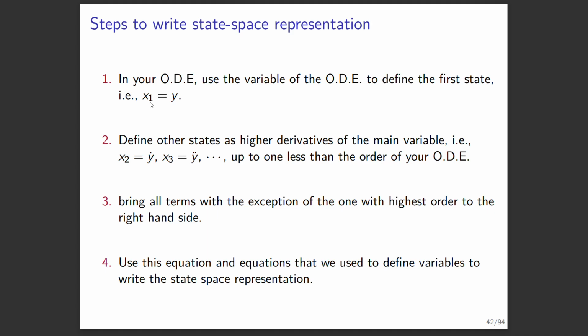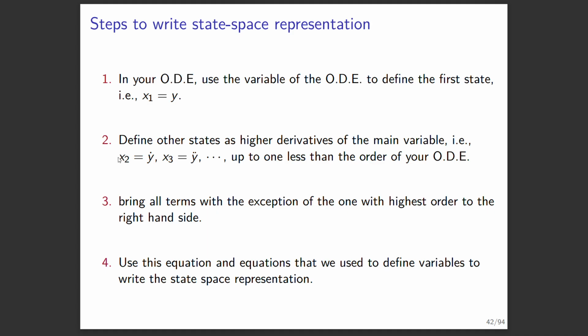So I want to show my states with x1, x2, x3, x4. So I assign y to be x1. So what I'm saying is that the first thing I care about in my system, the first label, goes to y. I want to keep track of y.